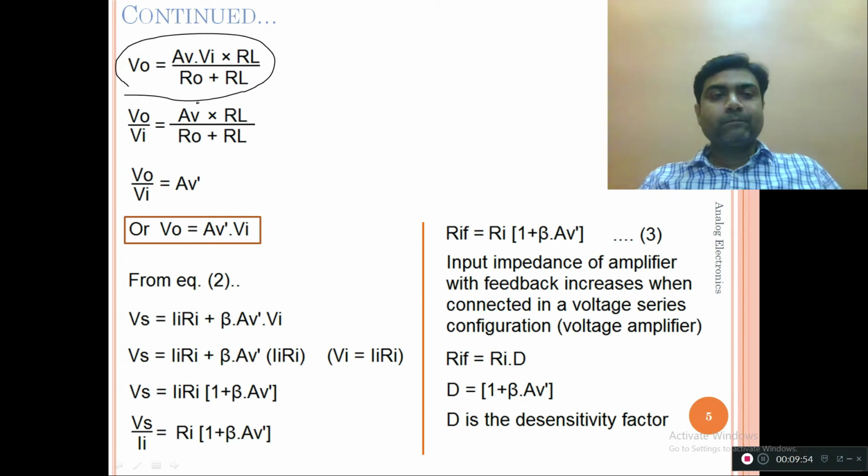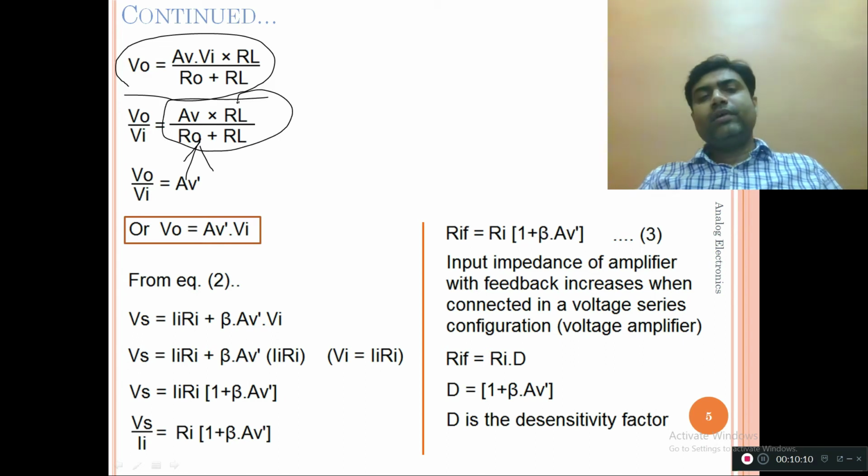As simple as that. And from here we can calculate V0 upon Vi. V0 upon Vi may be defined as AV dash, which is a different constant we have defined to represent this variable, and AV dash can be written as this.